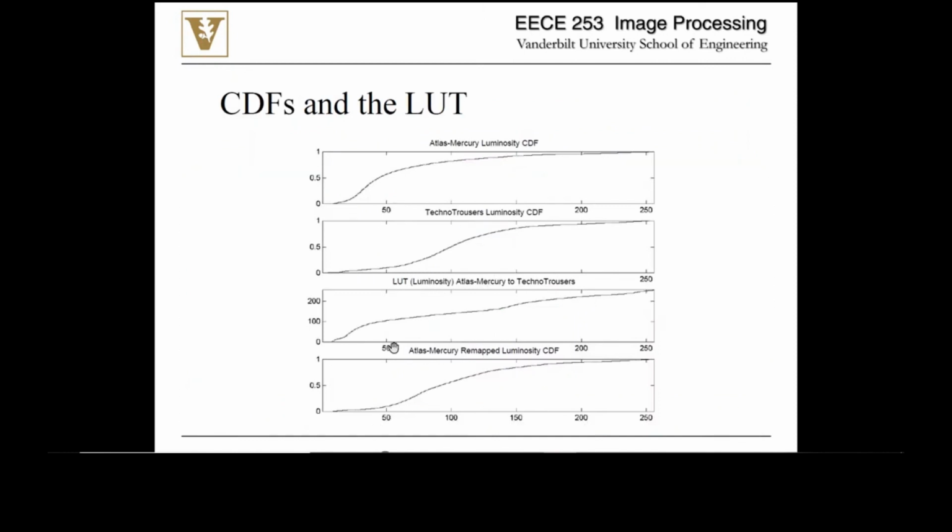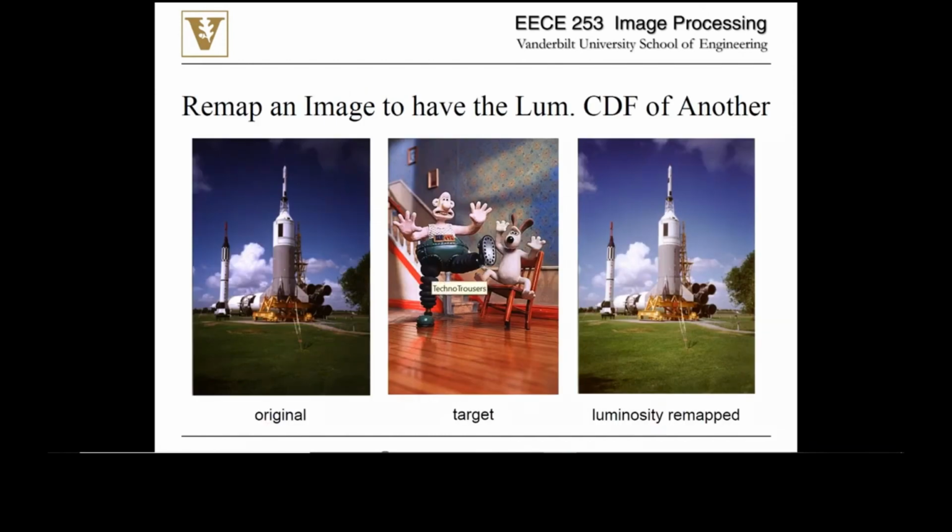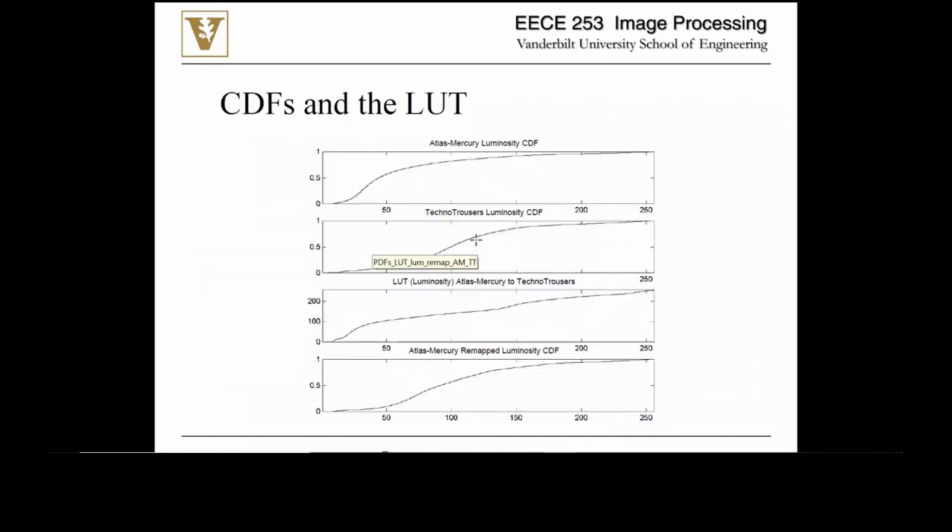And here we have all the details. We have, for instance, the luminosity cumulative distribution of the rocket, of the cartoon, and then this is the lookup table, and this is the output. The output should be more similar to this one than it was at the beginning. It doesn't mean that it will completely make the output be like the target, but it is more similar.